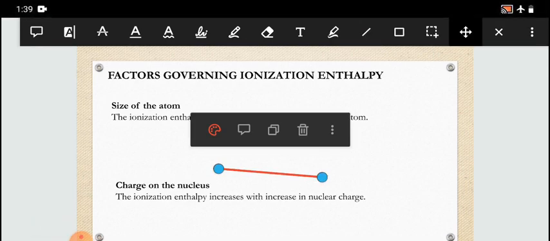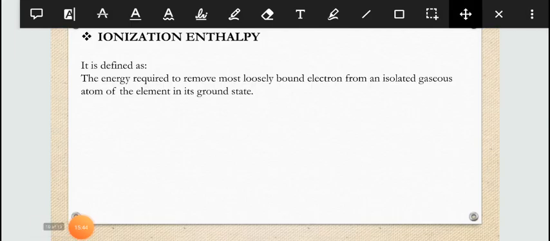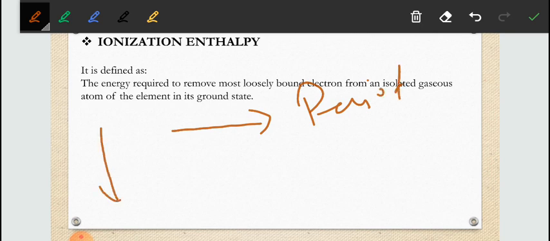Across the period, ionization enthalpy increases, because we have to give an extra amount of energy as the nuclear charge increases. In the case of groups, when we move from up to down, we know nuclear charge decreases. So if nuclear charge is less, then we can give a very small amount of energy, and they can lose electrons very easily.